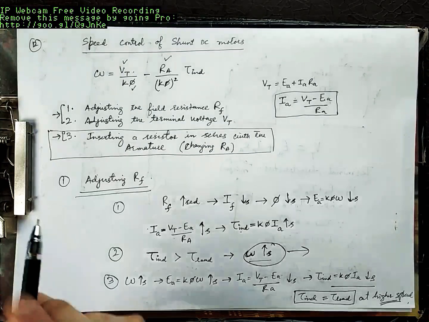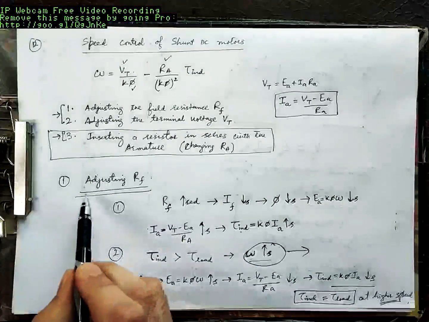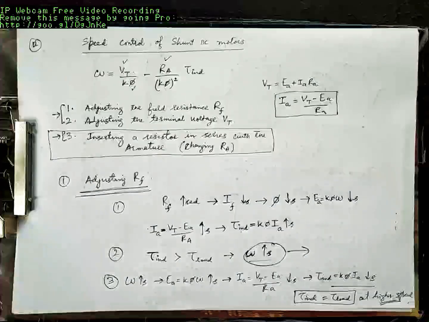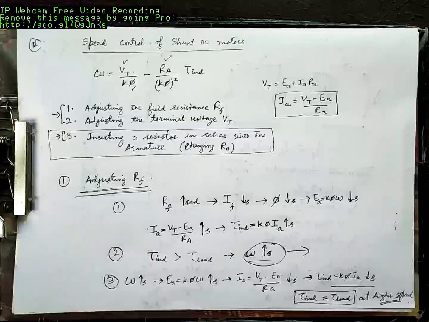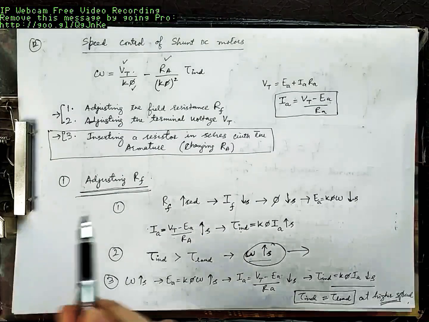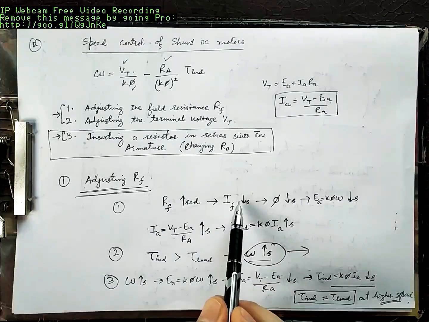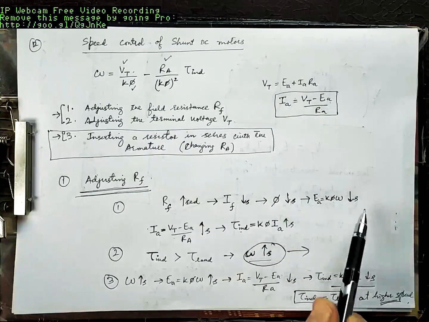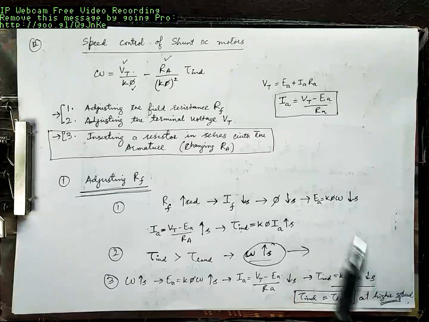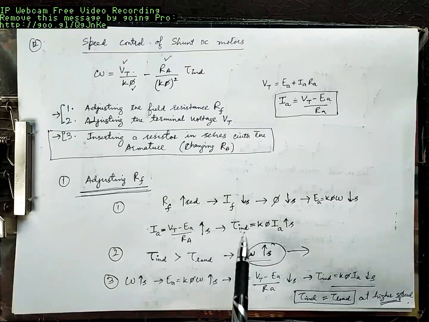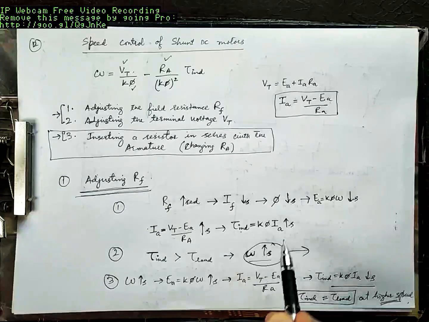What we have shown here is, by adjusting the field resistance RF, we can adjust the speed of the machine for same load. As you increase the field resistance RF, field current decreased, so field flux decreased. Field flux decrease means induced EMF decreased. Induced EMF decrease means armature current increases, which increases the induced torque.